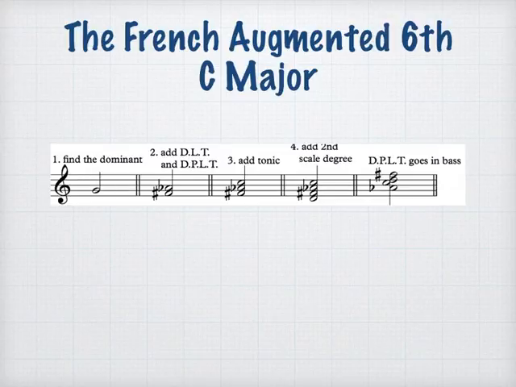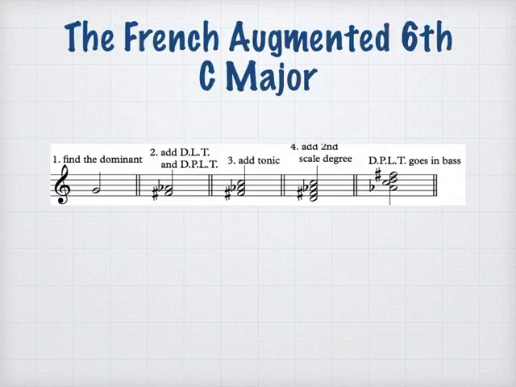The difference in the Italian and the French is you add the second scale degree in the key to make it French augmented sixth. So in the key of C, you would add a D because that's the second scale degree. And remember, the Phrygian leading tone goes in the bass when you part write it.